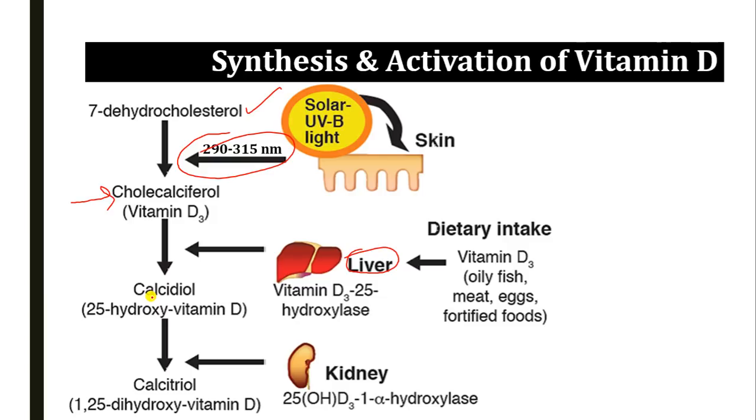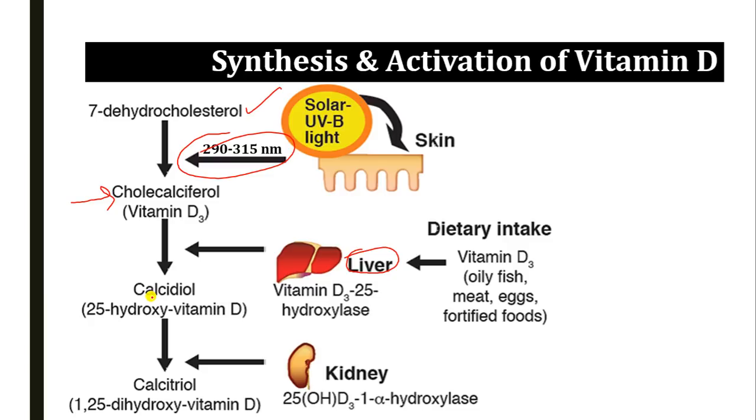This 25-hydroxylase enzyme requires magnesium, NADPH and molecular oxygen to carry out its action with the help of cytochrome P450. Once this 25-hydroxycholecalciferol is synthesized, it is transported to the kidney for further activation.